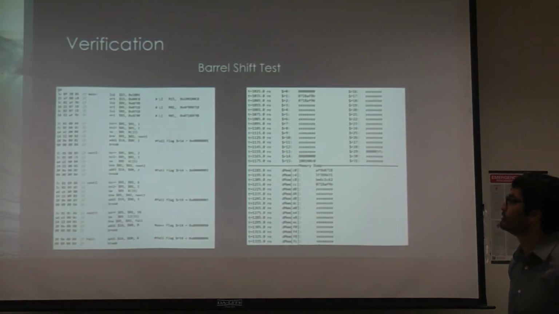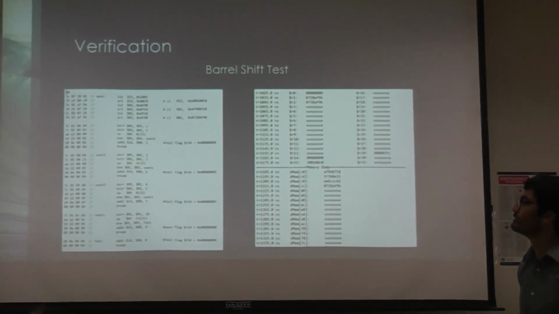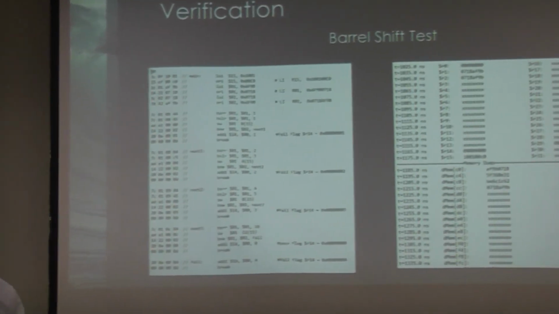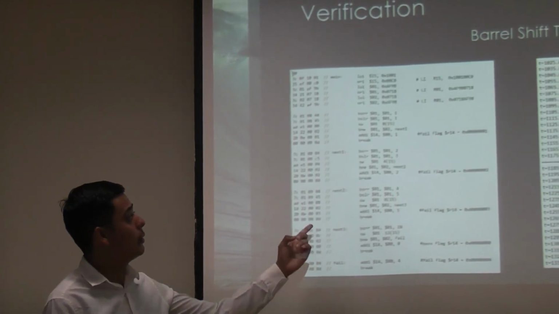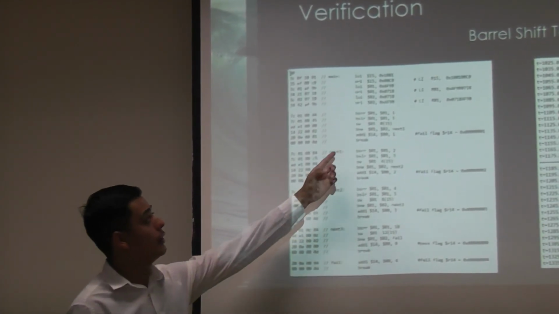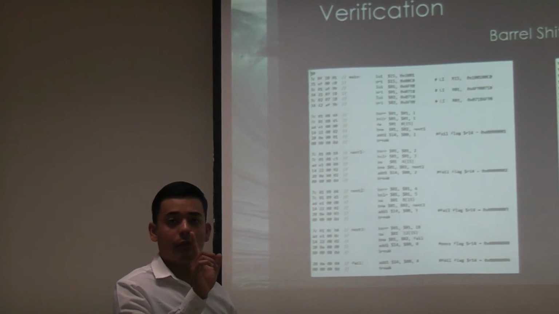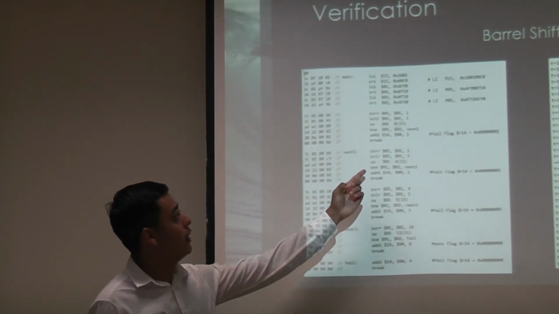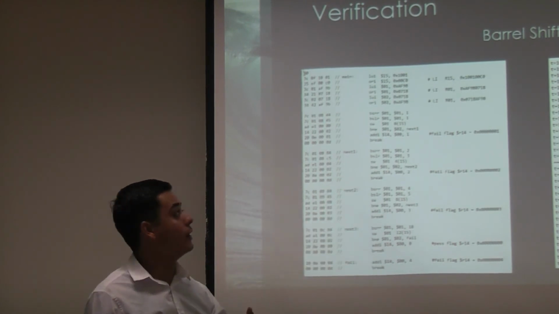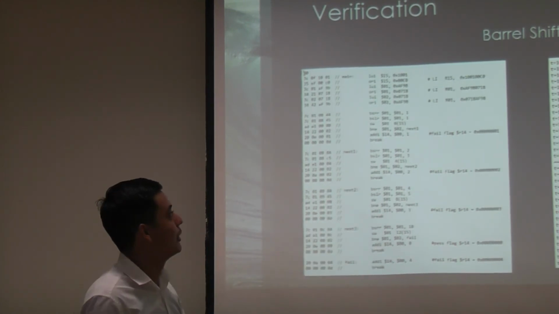Verification. So this is the code we ran to verify our enhancements. So here we're testing the barrel shifter. Basically all it's doing here is using both the rotate right and the rotate left, and then checking to see if the value is, well, let me start from the beginning.